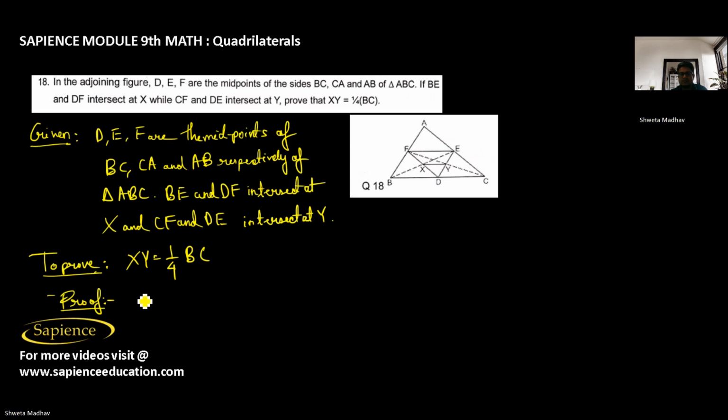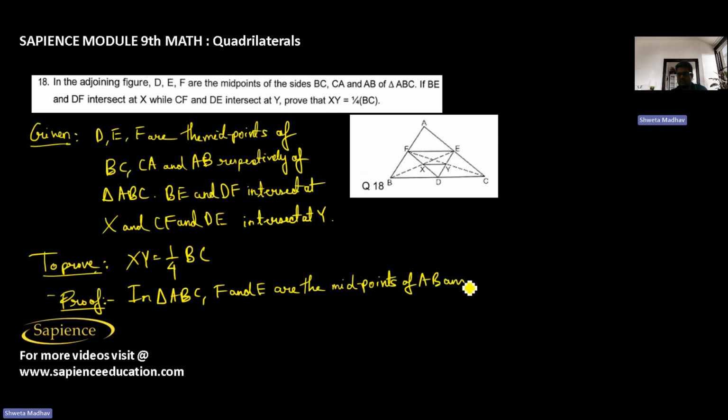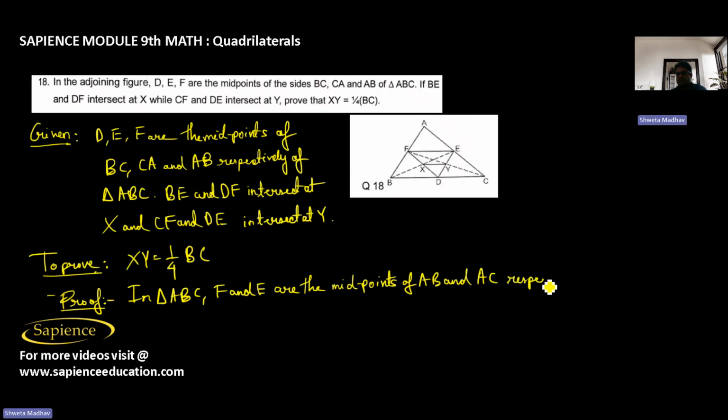We'll say that in triangle ABC, F and E are the midpoints of AB and AC respectively, since it is given.